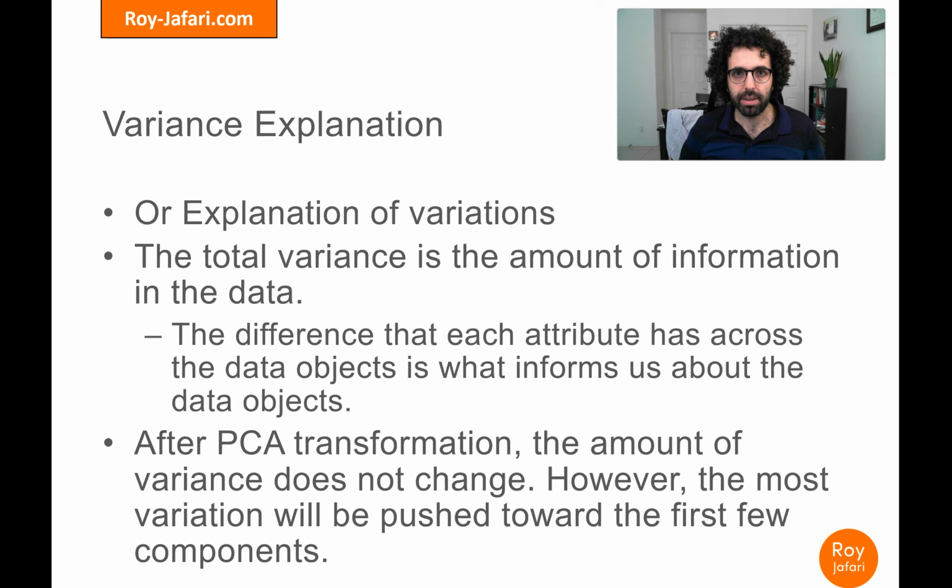What matters for us is what is the variance that they're showing across the data objects. So that's the information that we have from each attribute. When we transform the data, we do it in such a way that most of the variation is explained by the first few PCs. And that's basically what PCA does.